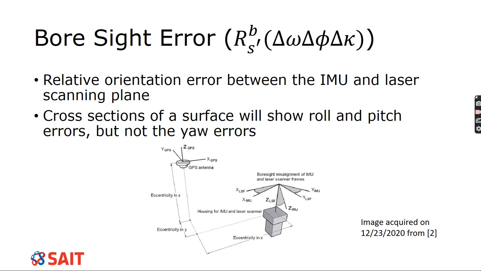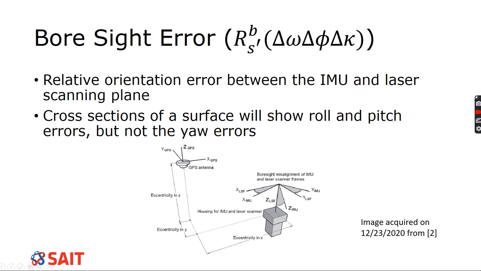So how the laser goes through the lens is my bore sight, and how that is related to the IMU means the angles of the IMU now have built-in error, because they're not being represented as they should be, with the exact 90 degrees to everything.